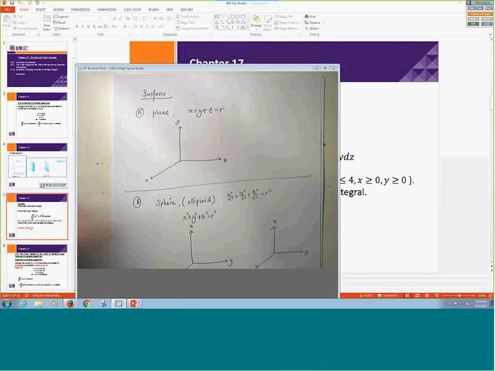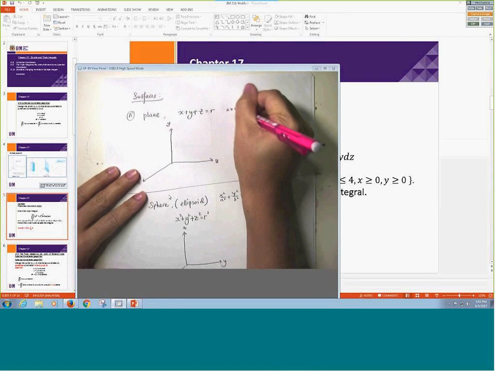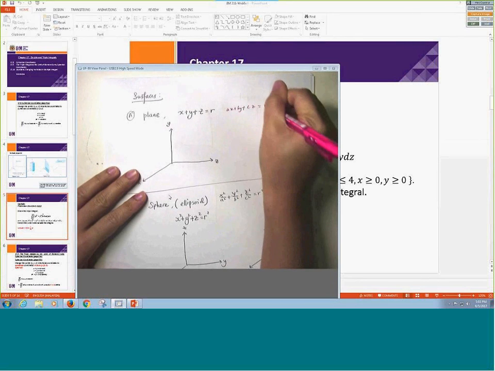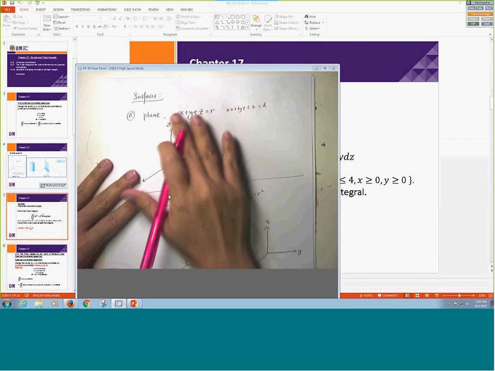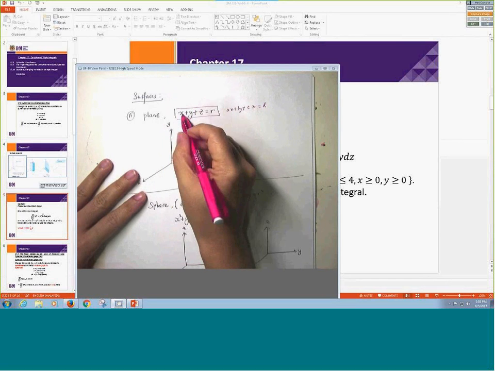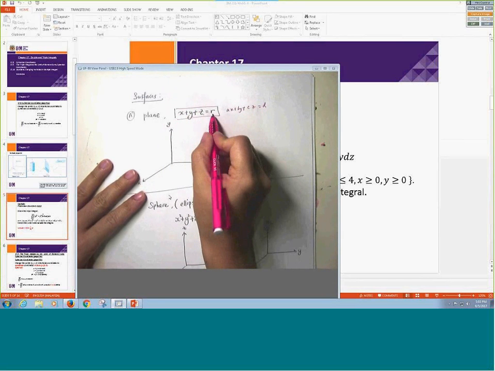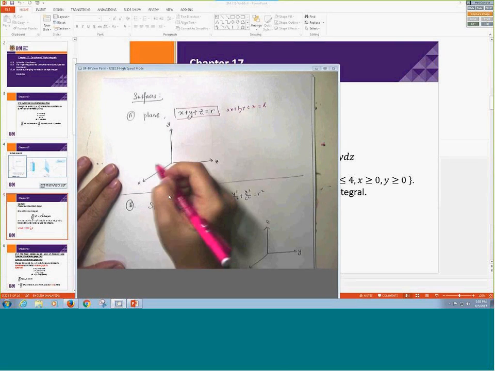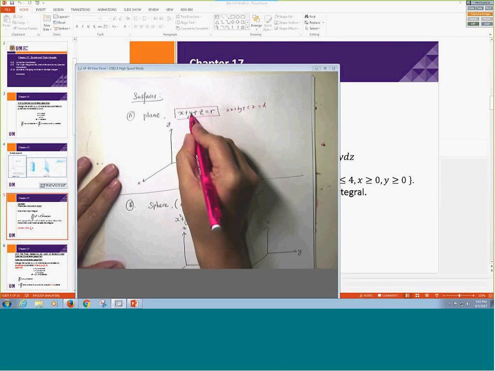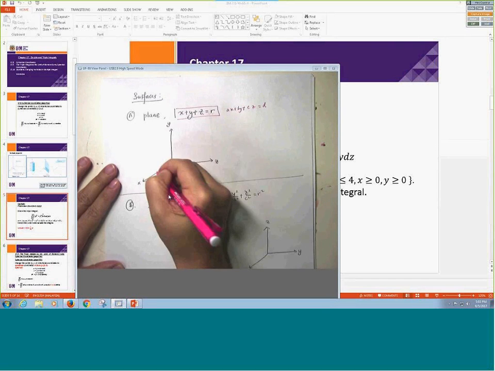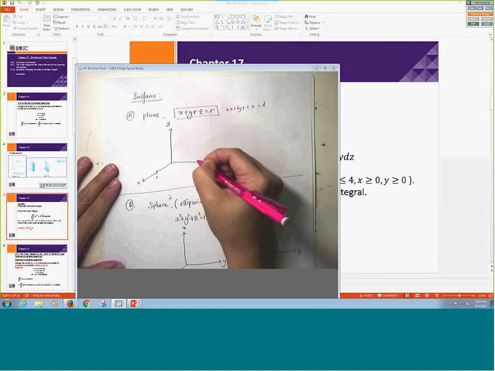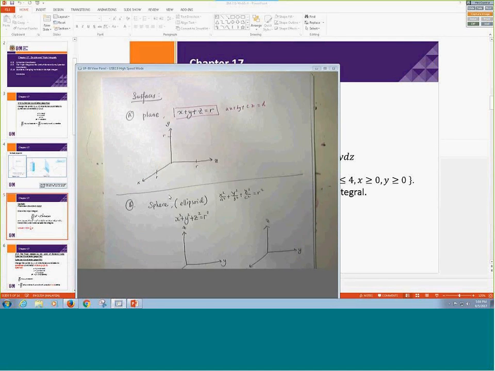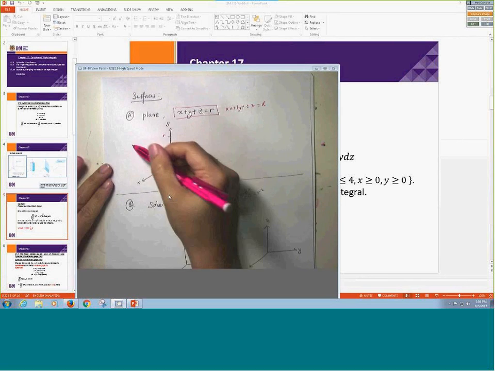The variation can be ax plus by plus cz equals d, for example. But the simplest form is x plus y plus z equals r. That means you will have a plane that passes through, when y is 0 and z is 0, x equals r. If there is no restriction, this represents a plane.